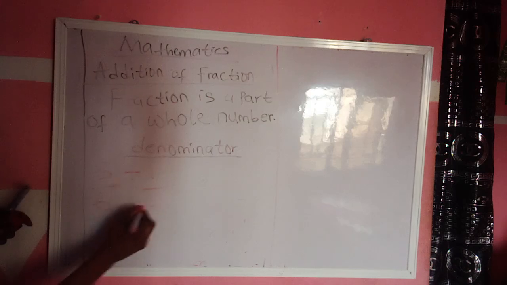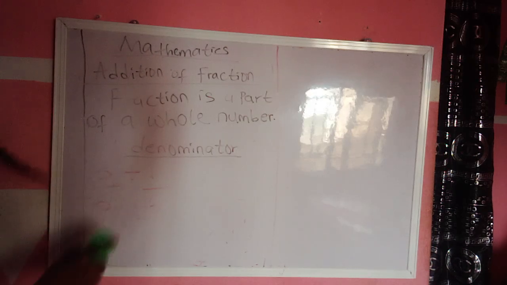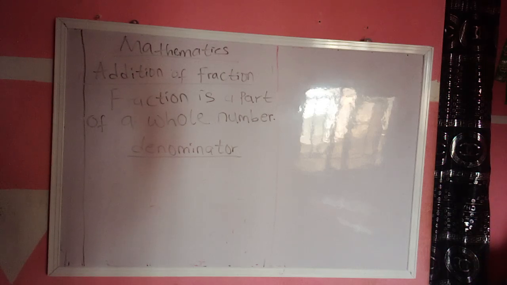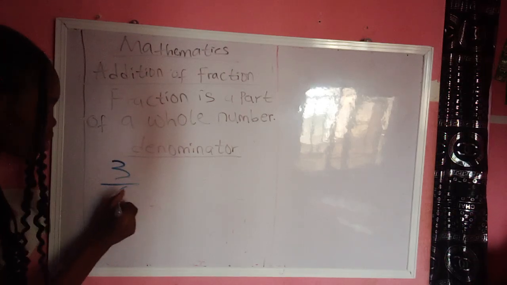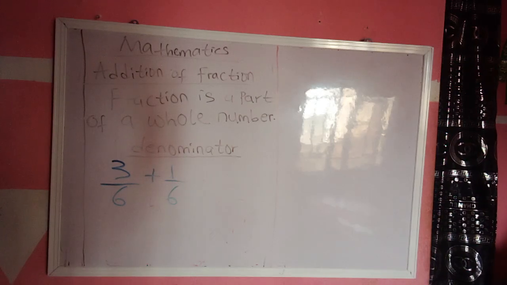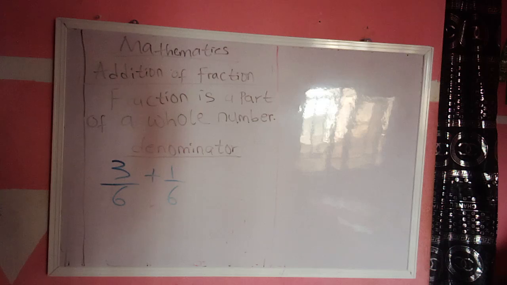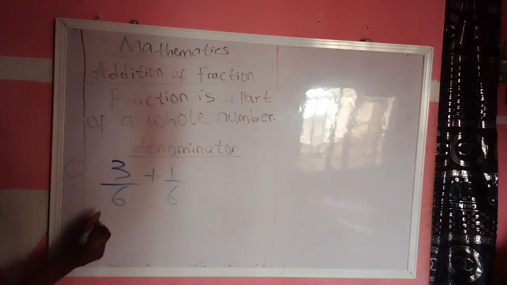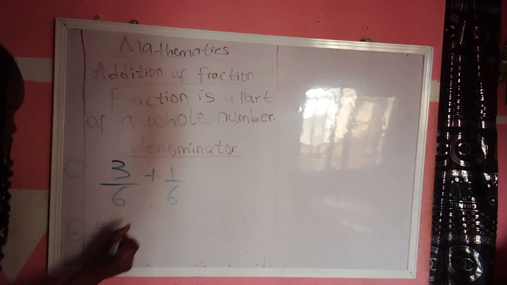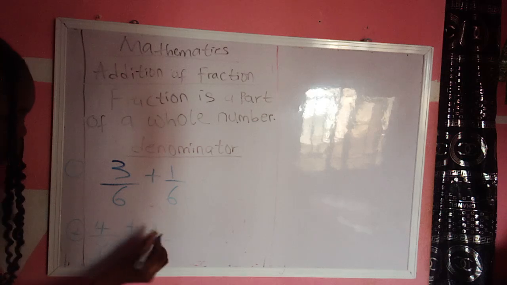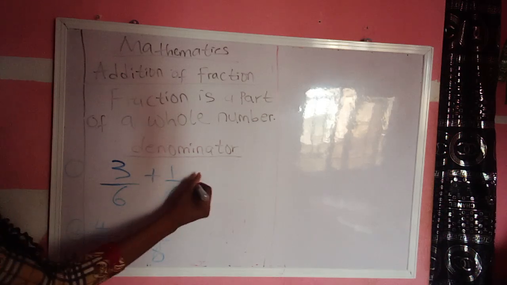Let me write it with a good marker so you see it very well. We have 3 over 6 plus 1 over 6. Have you seen it? So give me the answer. Then let me give you the second one. 4 over 8 plus 2 over 8. So tell me, what is the answer?